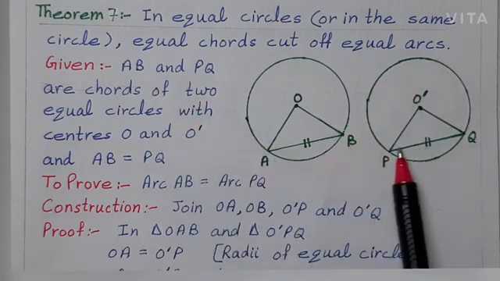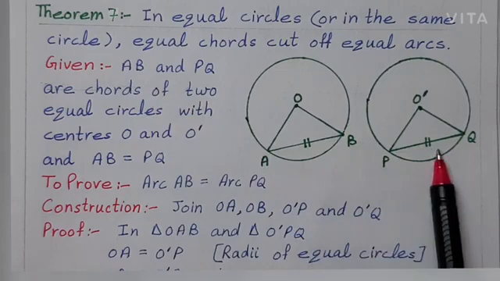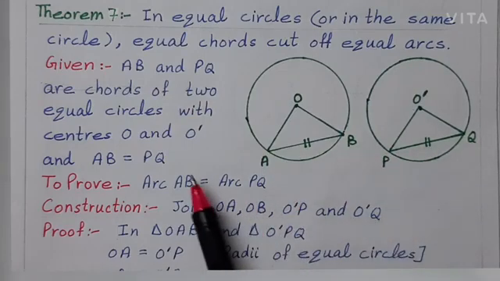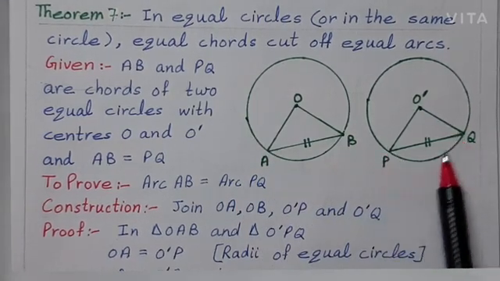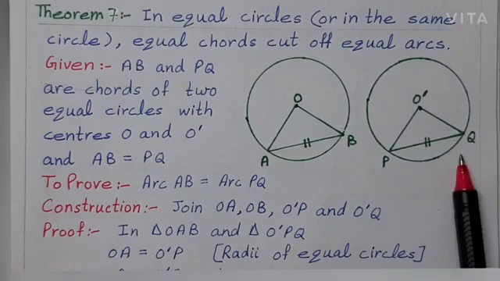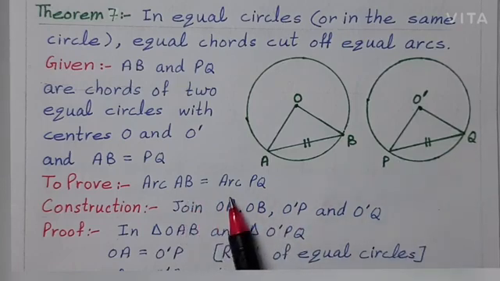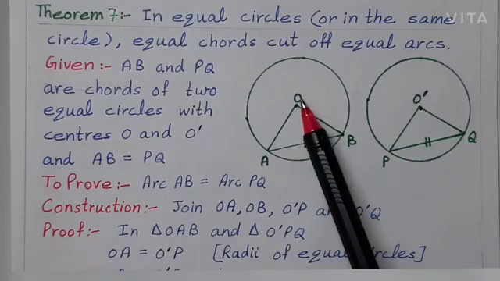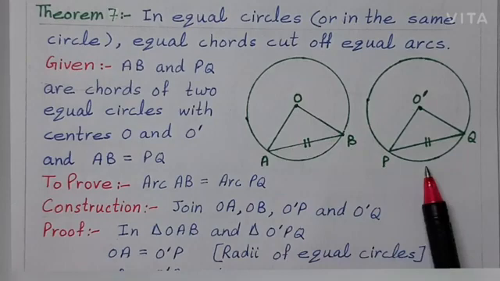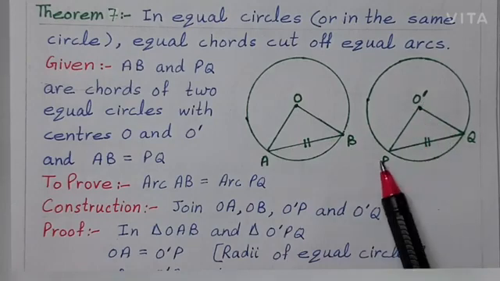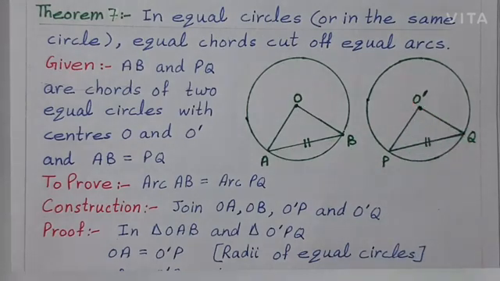If AB and PQ are two chords of equal length, then arc AB and arc PQ will also be equal. That we have to prove. So let us join AO and BO, and similarly OP and OQ.